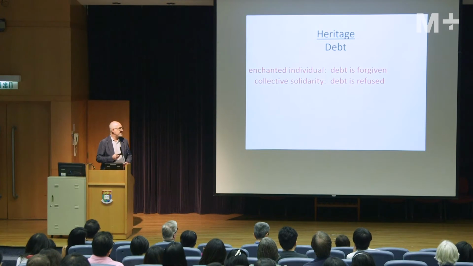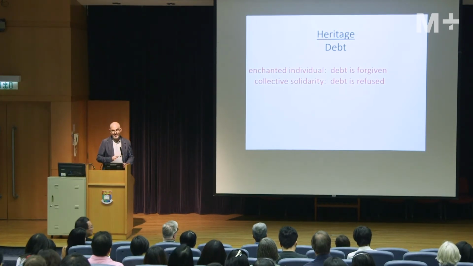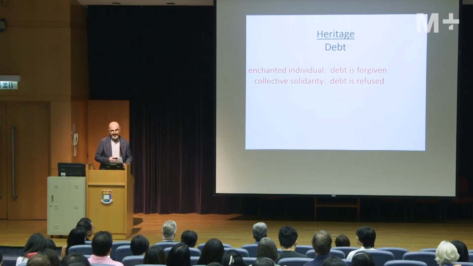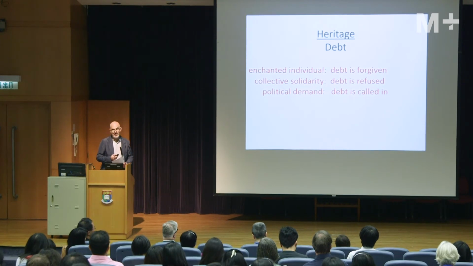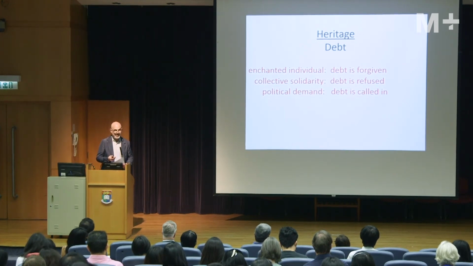In terms of collective solidarity, the Havana Biennale, debt is refused. We refuse any debt to the West, any derivative. In terms of political demand, a debt is called in. Forms are taken seriously as avant-garde political tools, and the debt to the West is called in, is reversed.